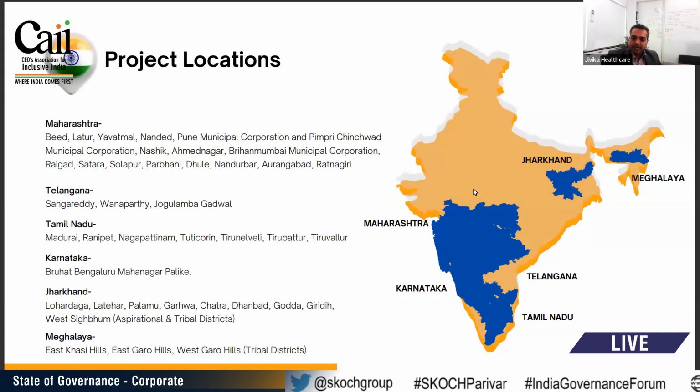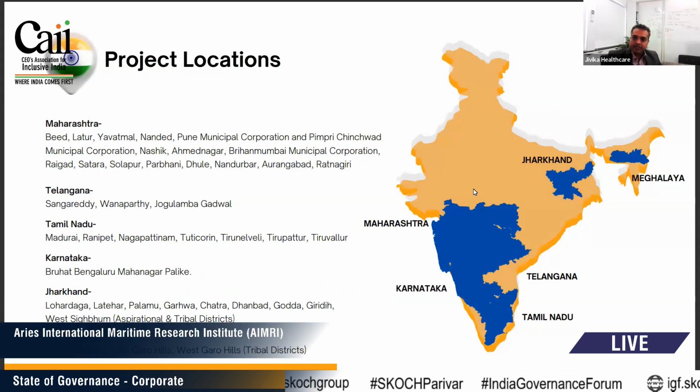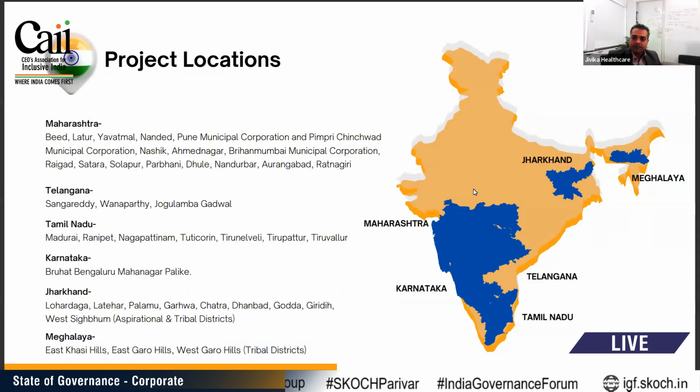In this particular aspect, within the last financial year, that is financial year 21-22, we scaled our operations from Pune city, and we reached out to more than 40 districts within various states, including Meghalaya, Jharkhand, Maharashtra, Karnataka, Telangana, and Tamil Nadu.